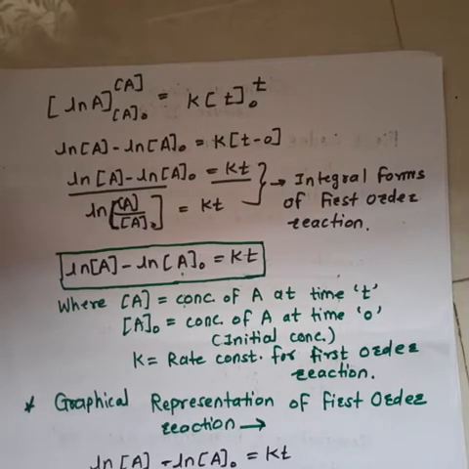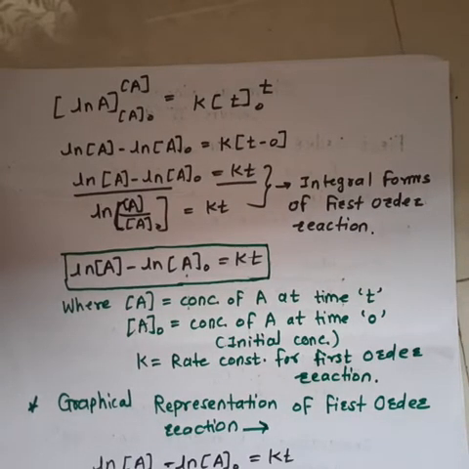So if we rearrange this equation, ln of a is equal to ln of a0 minus kt.